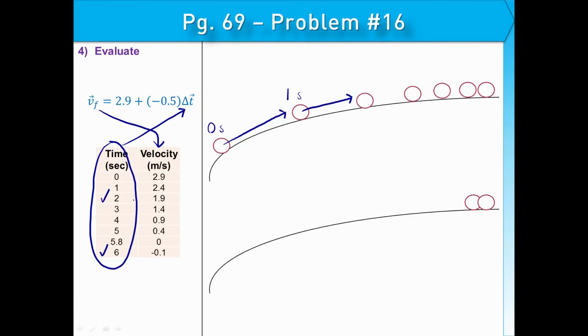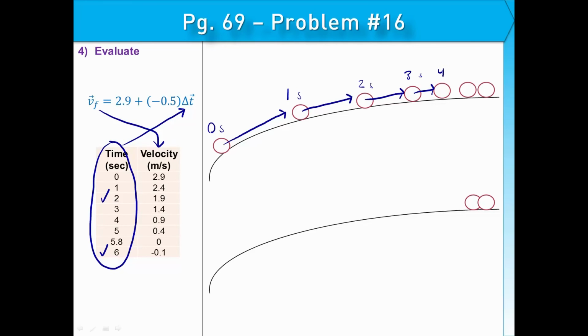At t equals 2 seconds, the velocity is 1.9 meters per second. So this is my 2 second mark. Let me draw the next arrow, shorter. At t equals 3 seconds, velocity is 1.4. Let's put this here. I'm going to fill out the rest.